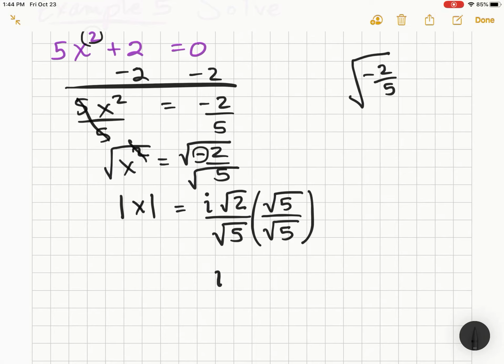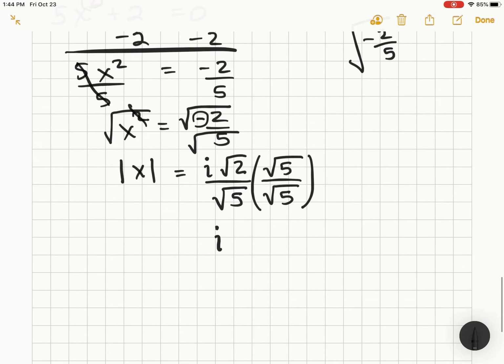And that's going to give me i radical 10, because 2 times 5 is 10. And now on the bottom, that's radical 25, so I can just write 5. Now, when I remove the bars on this side, I have to make this side plus or minus.